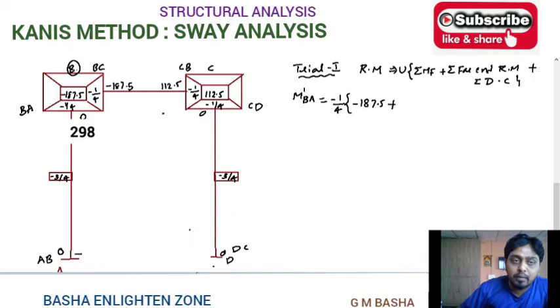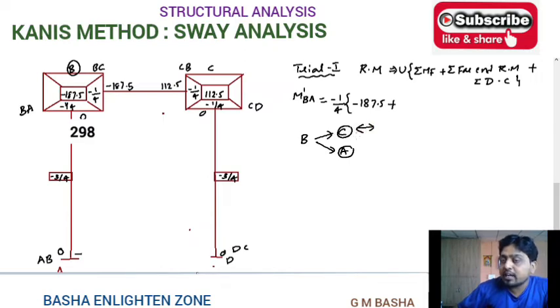For joint B, the foreigners will be both C and A. But I already told you we are finding rotation moments only for joints C and B, not A. Therefore you will get foreign here only C. In the first trial there will be no rotation moment at joint C, that is CB.